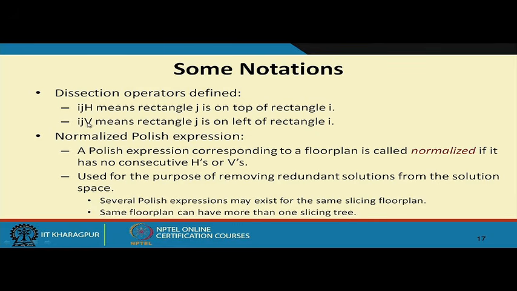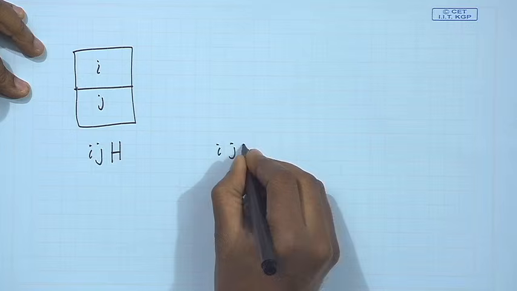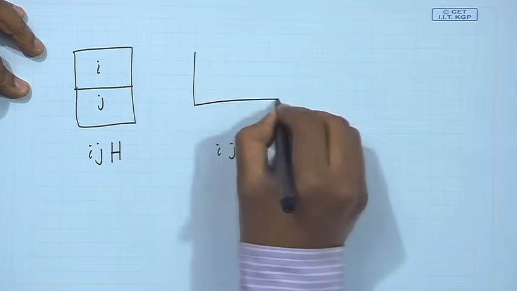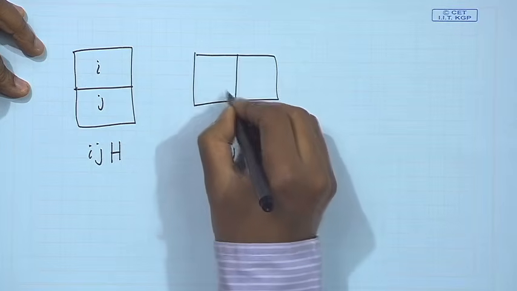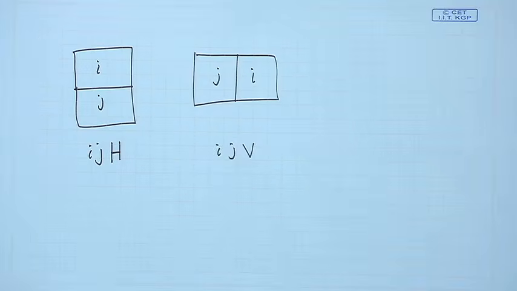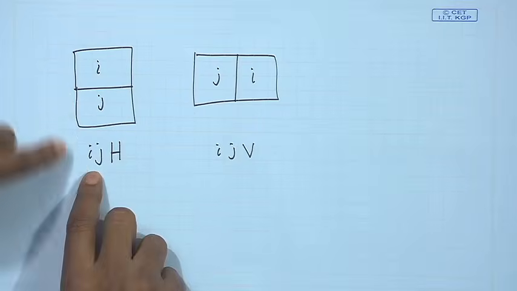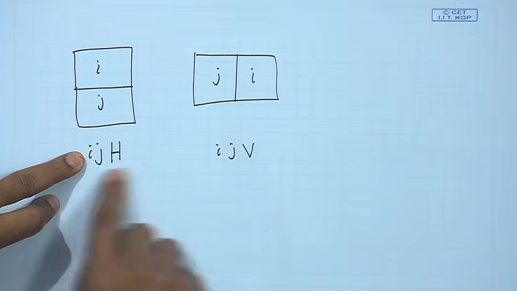Similarly, i, j, v corresponds to j being on the left of i, separated by a vertical line. So, every such slice is represented in the polish or the postfix notation like this.